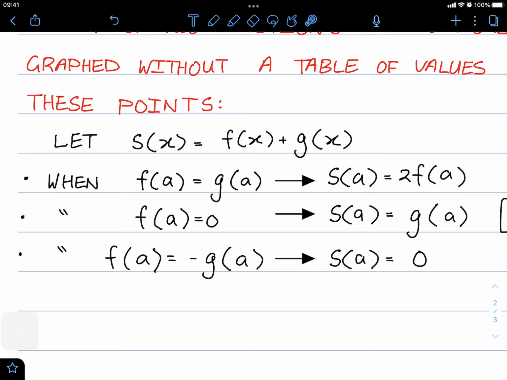When f of a is equal to g of a, that means they are intersecting. Let's say they intersect at the coordinates a, 1. So f of a is 1, g of a is 1. Because we're taking the sum of 1 and 1, 1 plus 1 equals 2.